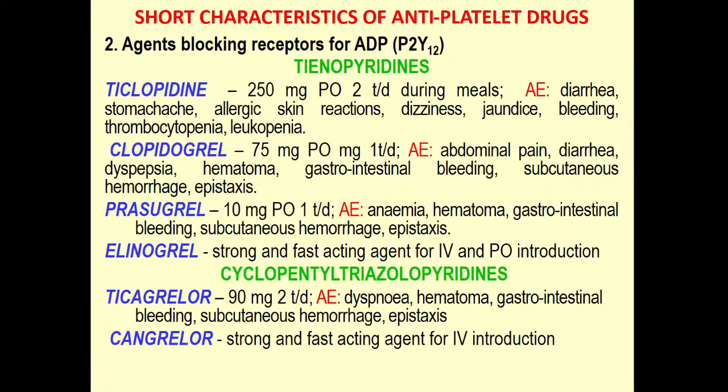Thienopyridines include ticlopidine, clopidogrel, prasugrel, elinogrel. Ticlopidine is the prototype of this group. It is used 250 milligrams orally 2 times daily during meals.